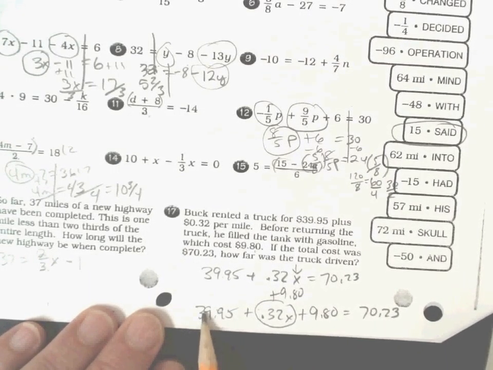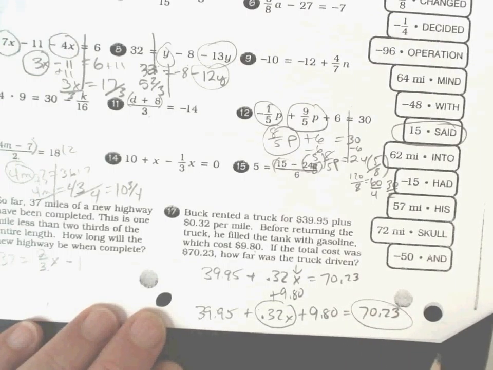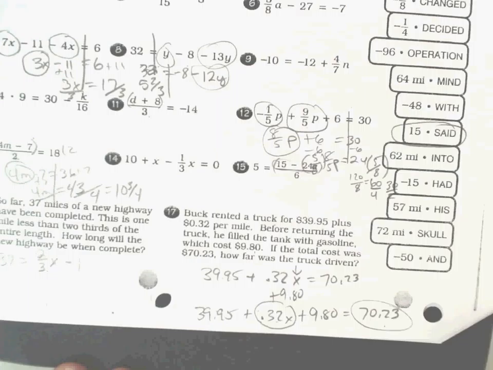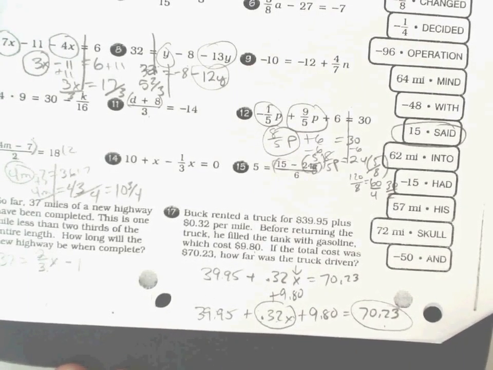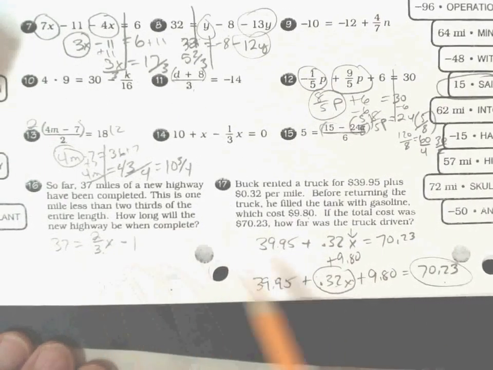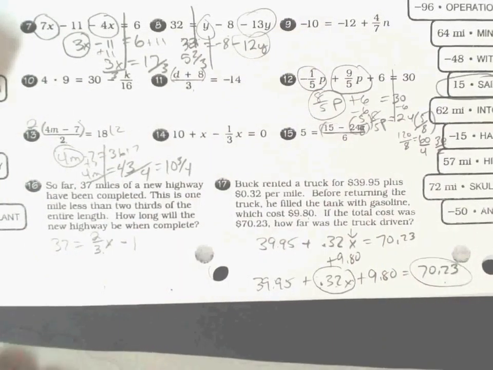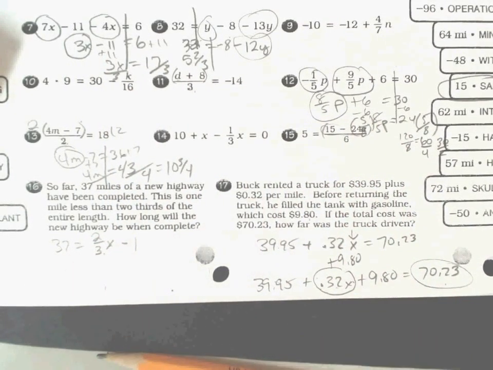So I'll have to subtract 39.95 and subtract 9.80 from the 70.23. And then I'll divide by 0.32, and that would end up giving you how many miles he drove. So work that out. You might have to use another piece of paper for this page because as you can see, it starts to bleed into other problems and gets a little bit messy. So work them on another page.